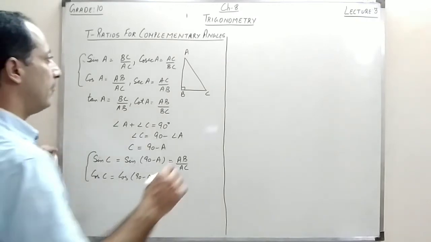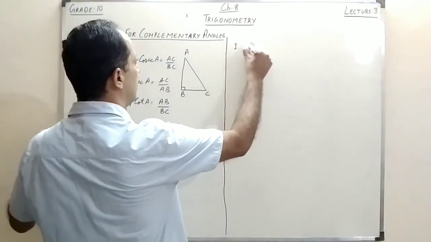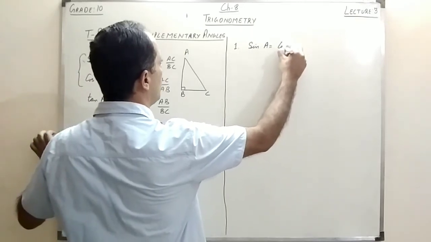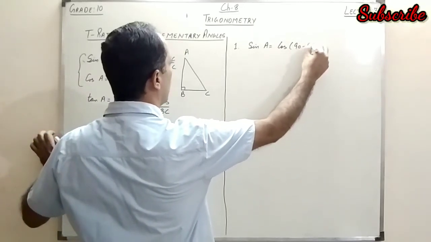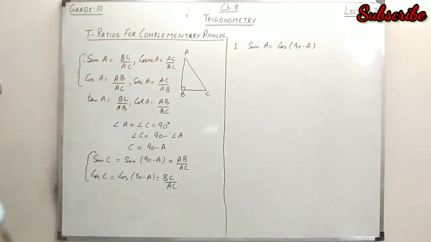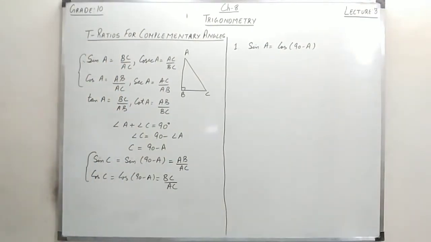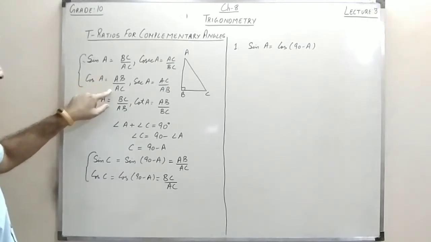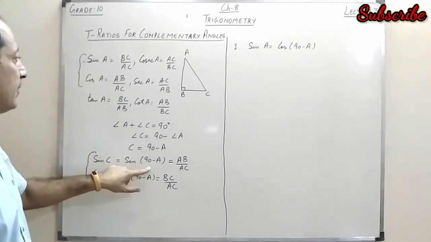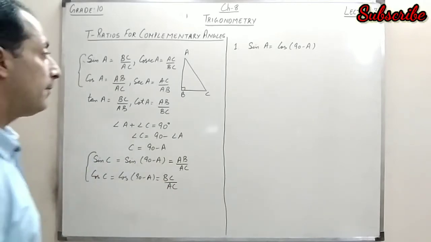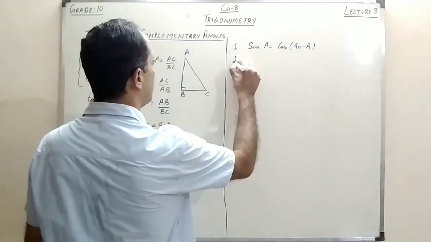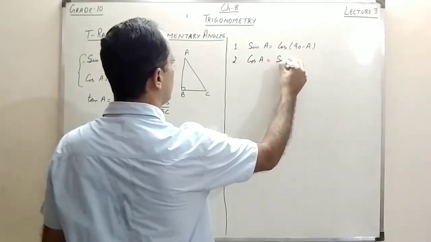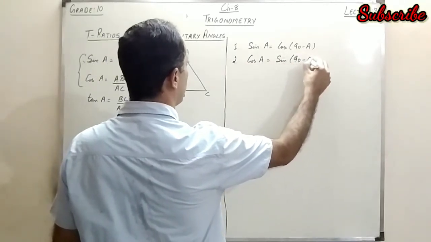So from here we get the first relation, that sine of angle A is equal to cos of 90 minus A. Similarly, cos A is equal to AB by AC, and here sin 90 minus A is AB by AC. So we get the second relation, that cos A is equal to sine of 90 minus A.